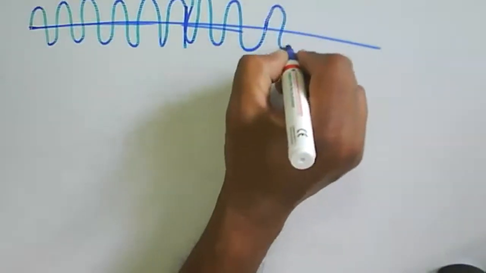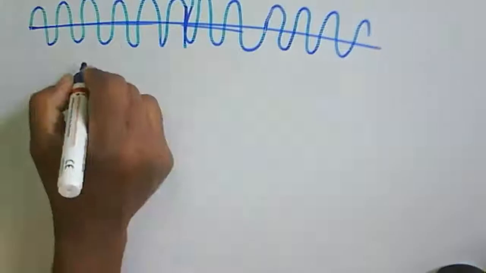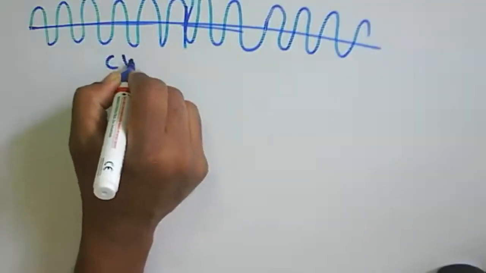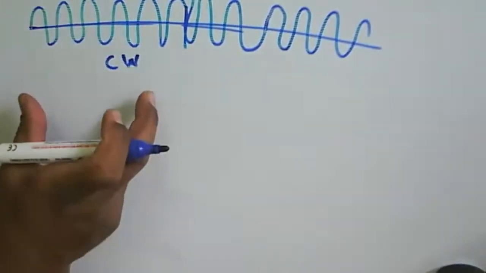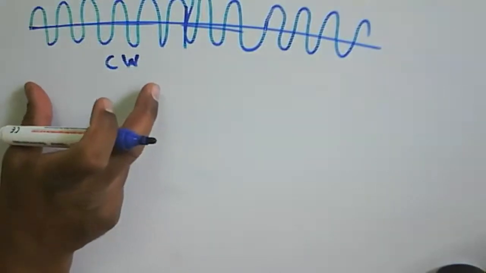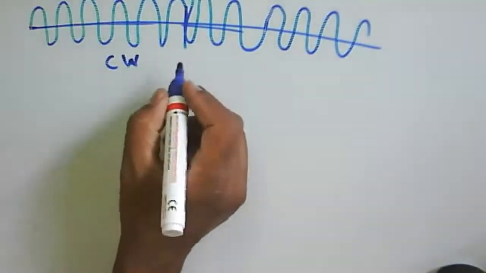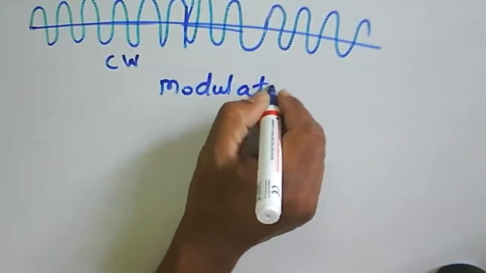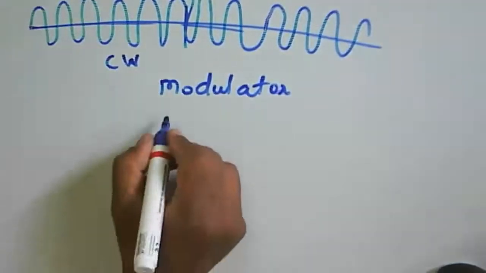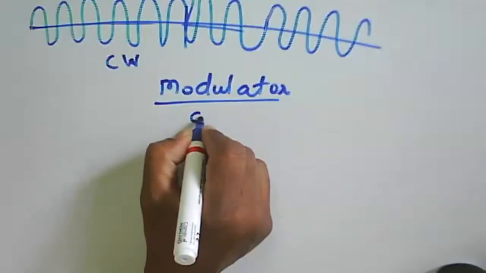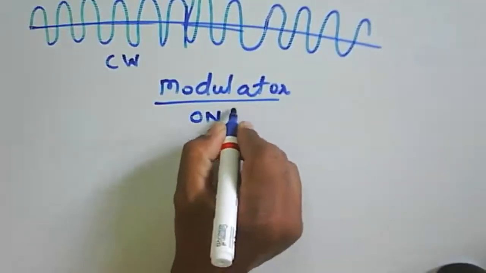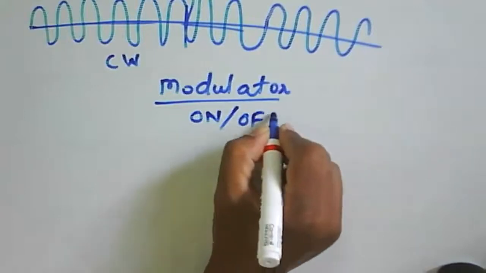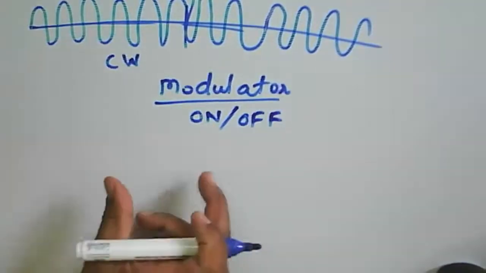Now in a pulse Doppler radar, instead of a continuous wave signal, a pulse train is transmitted. That's why we are using a modulator, and that modulator is used to turn the transmitter on and off. So, an on-off transmitter.